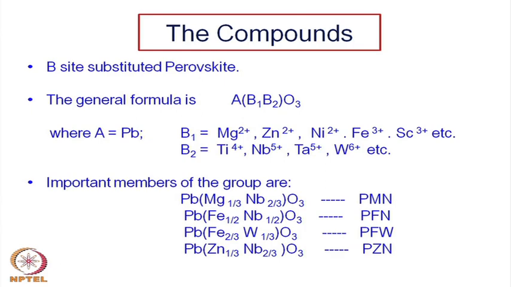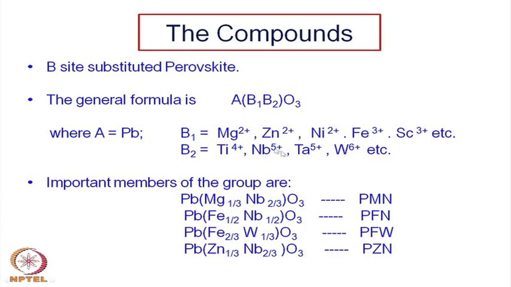Now, what are the different compounds? We have already seen that there are three groups under which all these compounds can be classified or grouped depending on the particular crystal structure. Here let us look at some of the specific compounds. The first group is the so called B site substituted perovskites.